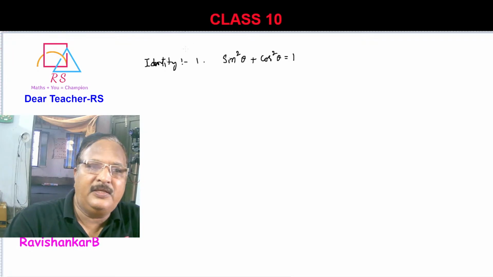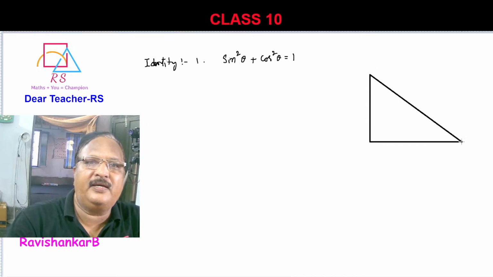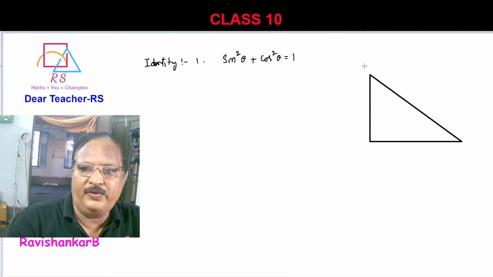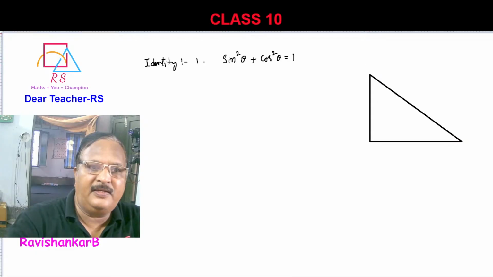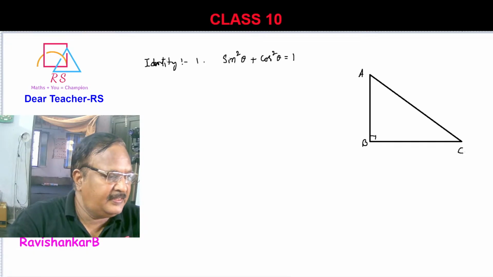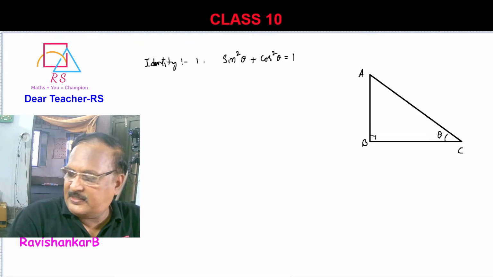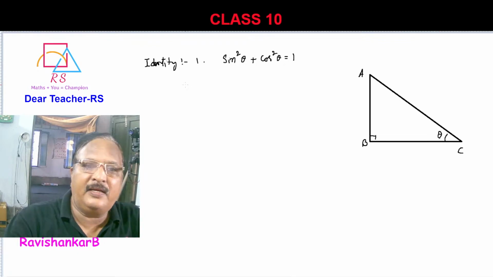Now, how to prove this? You should take a right angle triangle. In my triangle, angle B is 90 degrees, and I am keeping theta at C. Then what is sine theta?